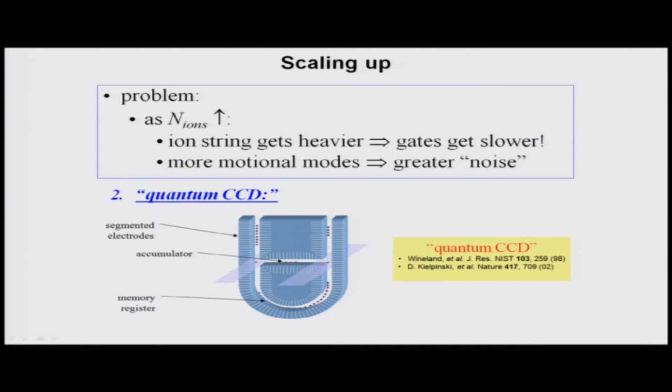This is the work of these particular groups, who claim they could use the idea of a CCD to make a quantum CCD, using the segmented electrodes to bring the trapped ions into a condition where they create the accumulator, and keep the rest of the ions waiting for action as memory once you have encoded them and kept them.